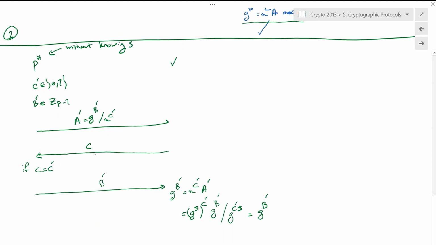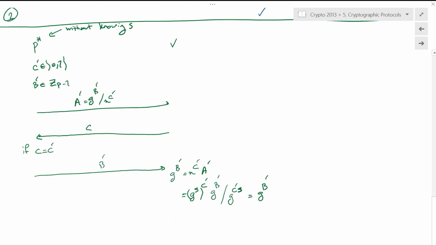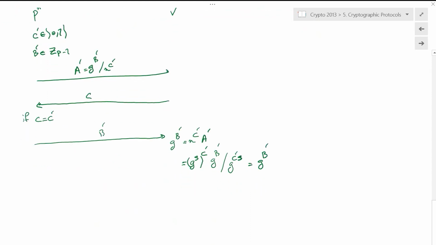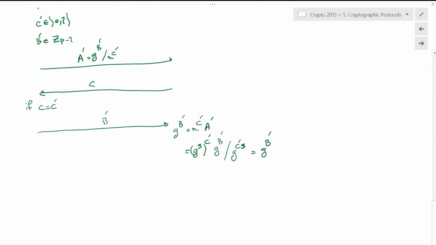And if the challenge that we receive is correct and we made a correct guess, we can just send this value B prime, because we know that we have crafted this A so that we can pass this equality over here. And if this is the case, then we can return it and we can win.